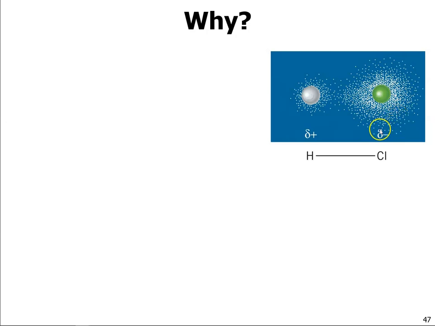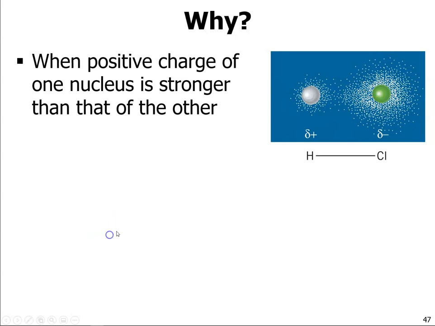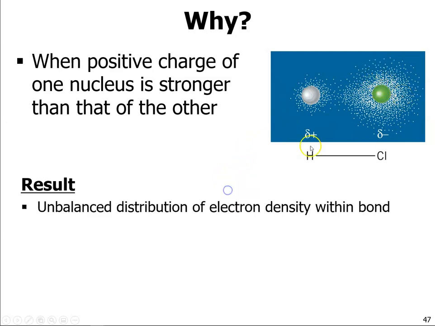And you can see here we have a delta negative, which means it's partially negative because the electron is over on this side more. Why? When the positive charge of one nucleus is stronger than that of another. The proton here is a single proton, and chlorine here has multiple protons. Because of that, and because of the distance between the protons and the electrons in the shell, we have a higher pull, or a more electronegative element over here.